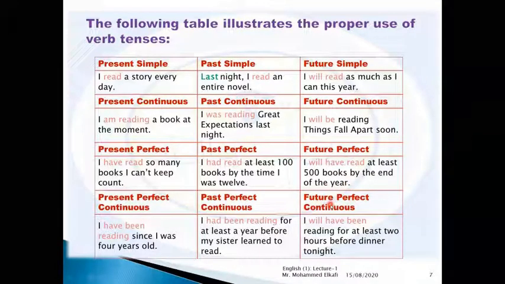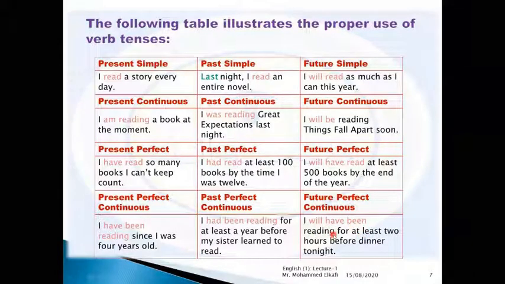The fourth, or last, tense of future is known as what? Future perfect continuous. This form includes will plus have plus been plus verb plus ing.